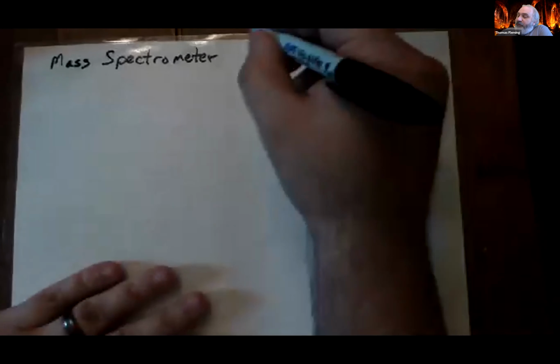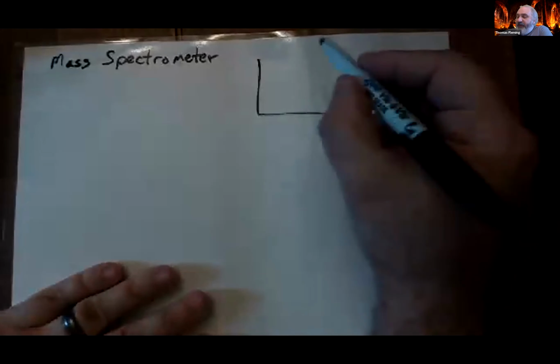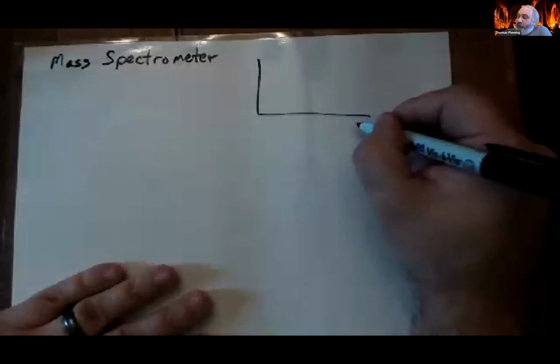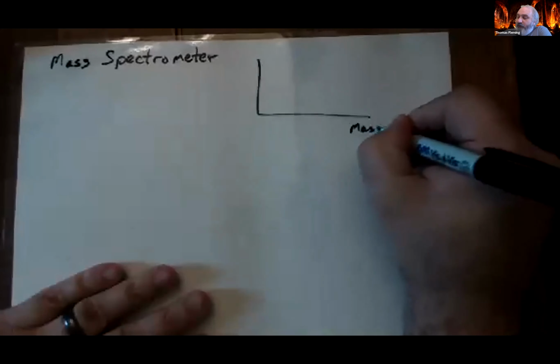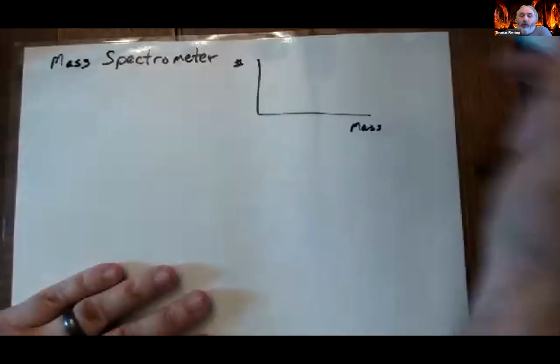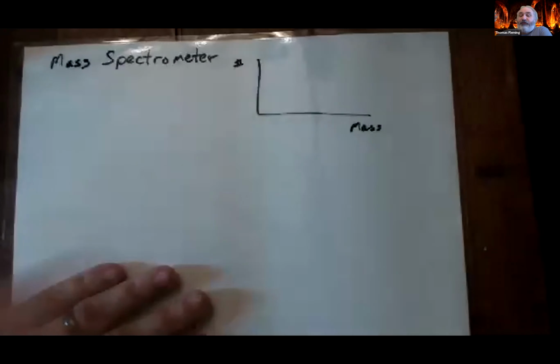So what would happen is, with your mass spectrometer, usually your output is going to be some kind of graph. What this axis would be is the mass of the particles, and this axis scales to the amount of stuff.